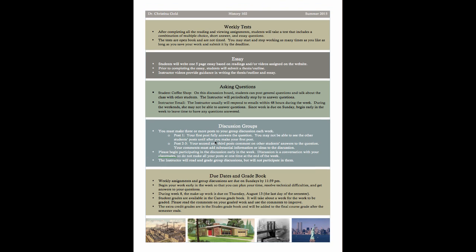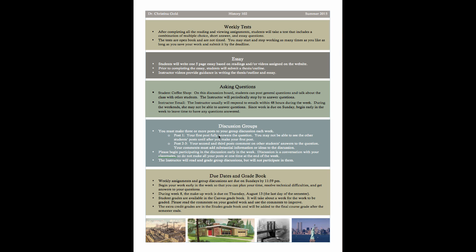This portion of the syllabus provides more information about the assignments in the course, and again, you should read this section carefully. In particular, note the information about the group discussions. You need to make 3 posts per week. The first post is your answer to the question.